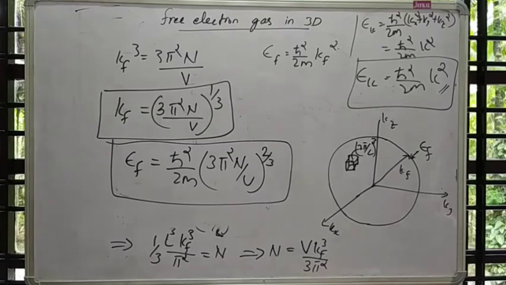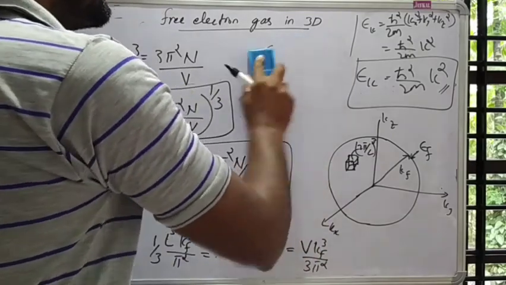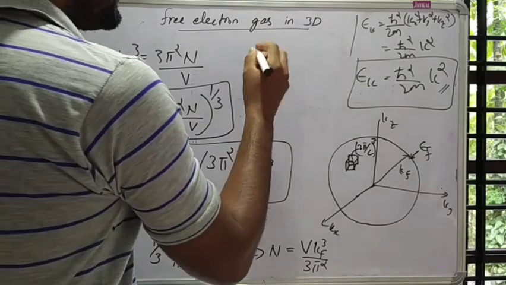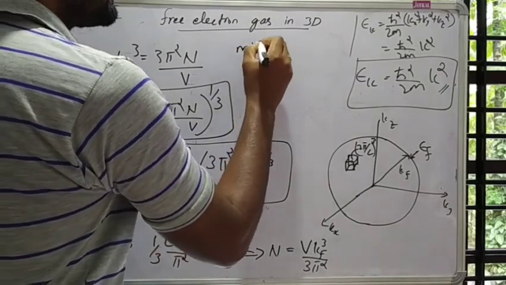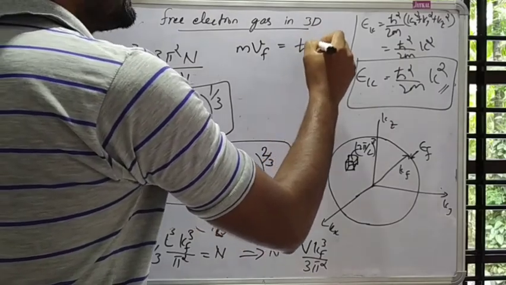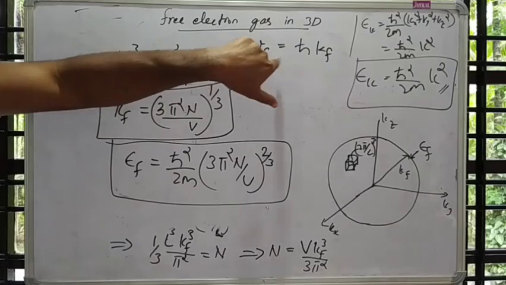And next we need to find out the electron velocity. Actually, the momentum is mass into velocity. Mass into velocity is ħ kF. ħ k is the momentum, so this is the mass into velocity.